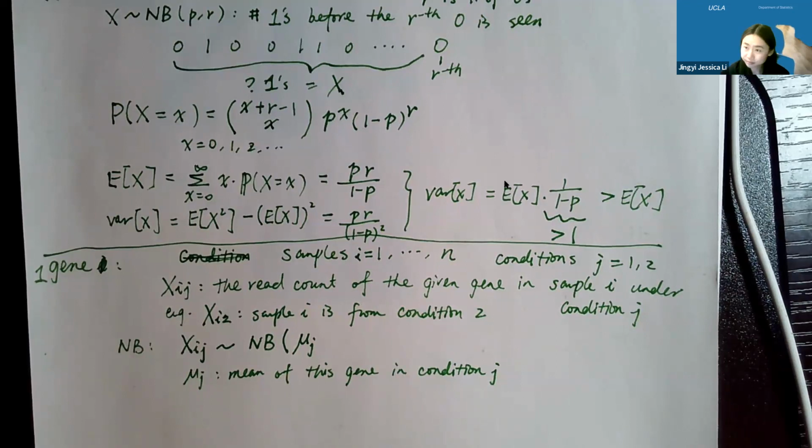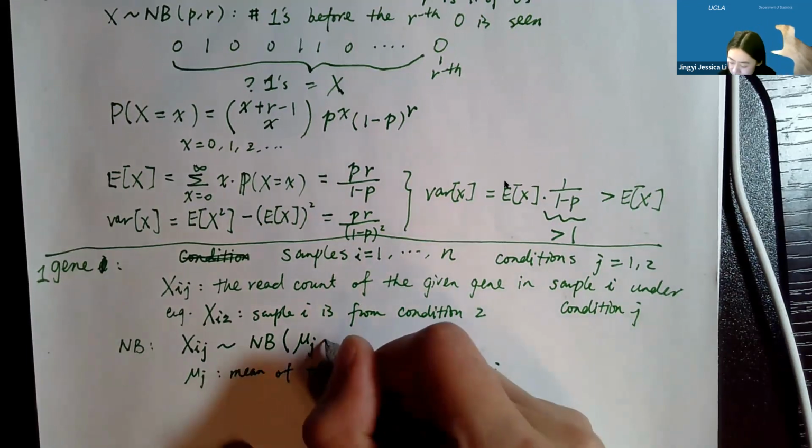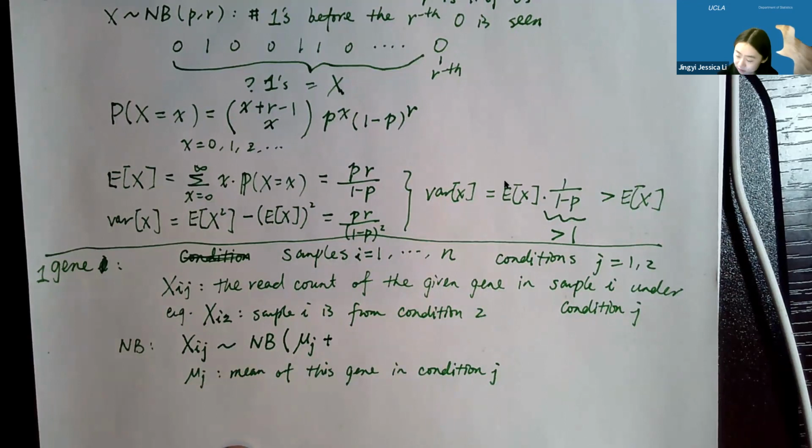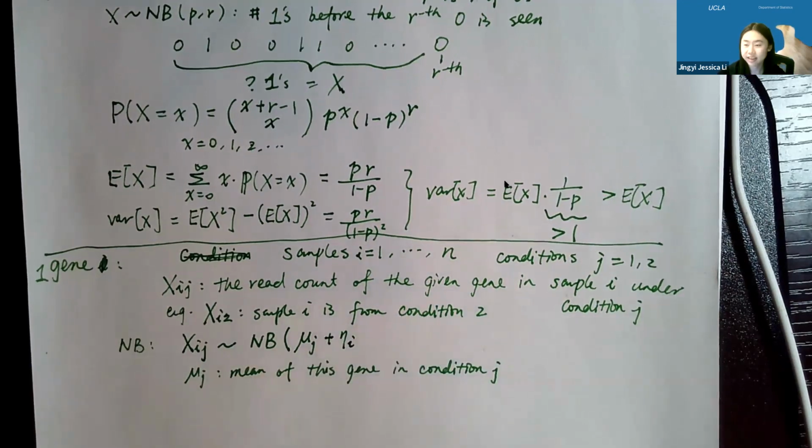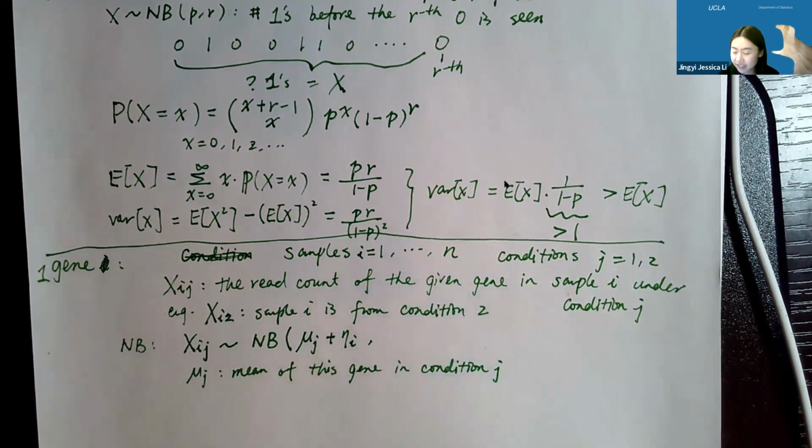Therefore, you could add another parameter that's specific to sample. Let me call it eta_i. The eta_i is the sample effect. Some may be large, some may be small, so that will change the negative binomial mean. And furthermore, we need that dispersion parameter phi. Here we also have some flexibility: do we want to assume different samples have different dispersion or not?